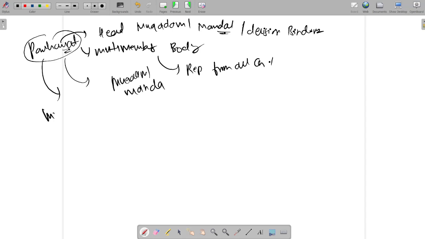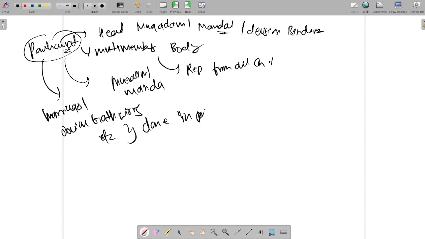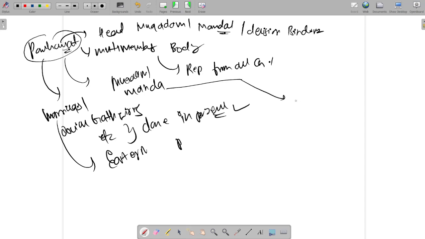The marriages, social gatherings, etc. were done in presence of panchayats. In fact, in eastern India, all the marriages were done with the permission of panchayat or mandal. Sometimes these mandals also duped the people by becoming corrupt with patwaris.